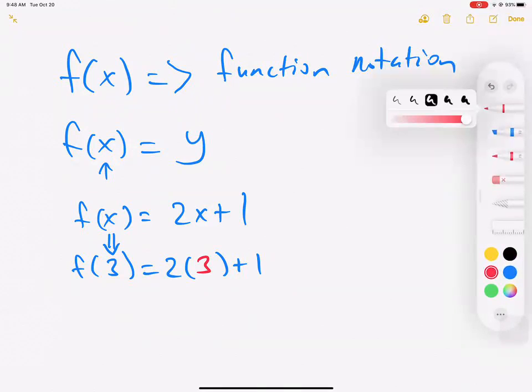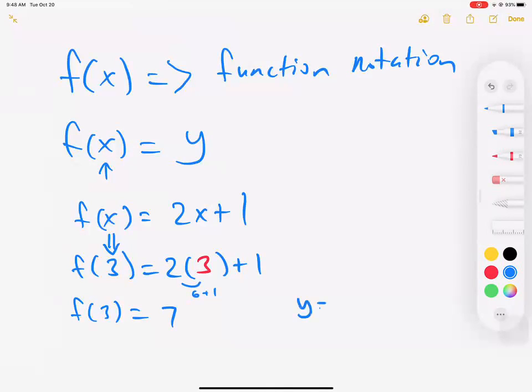So what is f at 3? F at 3 is equal to, that's 6 plus 1 is 7. F at 3 is 7. This is no different than me just saying y is 7 when x is 3. This is no different than me writing 3 comma 7 as an ordered pair. It's all the same meaning.